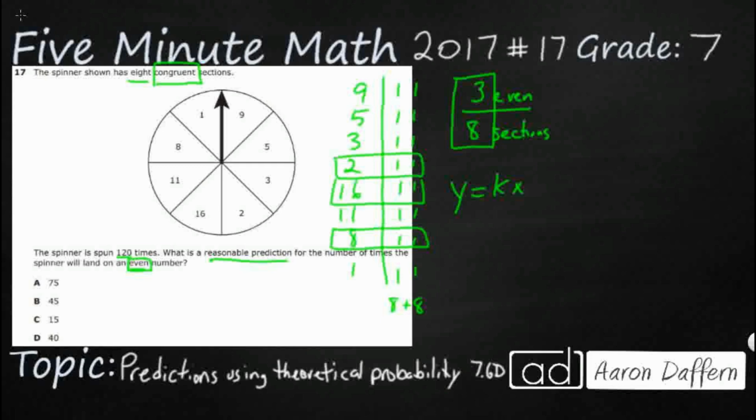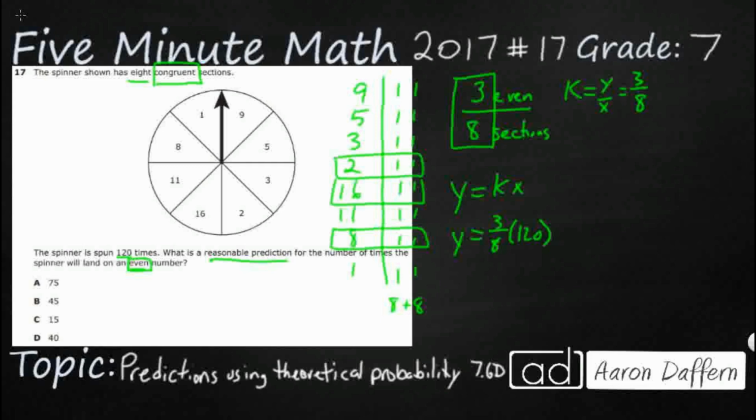So we could say that our k, right, k equals y over x, so that's going to be our 3 over 8. And so if we spin it 120 times, how many of those will actually land on an even number, 3 out of 8 times?